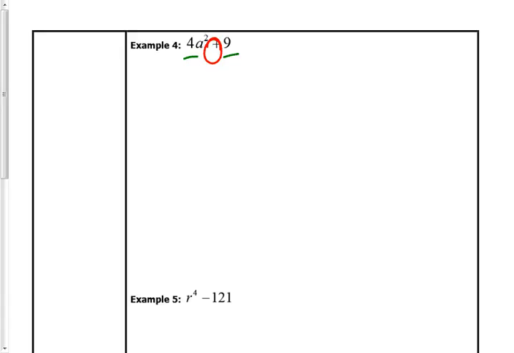So that fourth check mark or that box will not be checked. So we actually cannot do anything here. So this is not factorable. The only way we'd be able to work it out is if this were a minus sign, okay? So there's nothing you can do there.